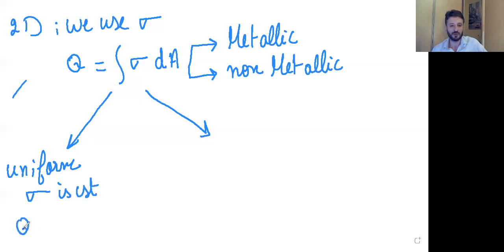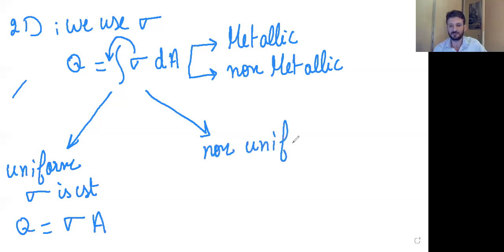So Q equals, we take out sigma, the integral of dA equals A. So we have Q equals sigma A. And in the case of non-uniform, here sigma is not constant.